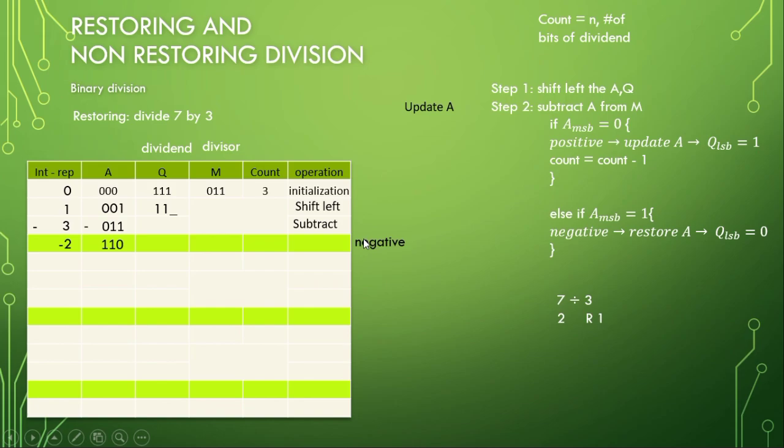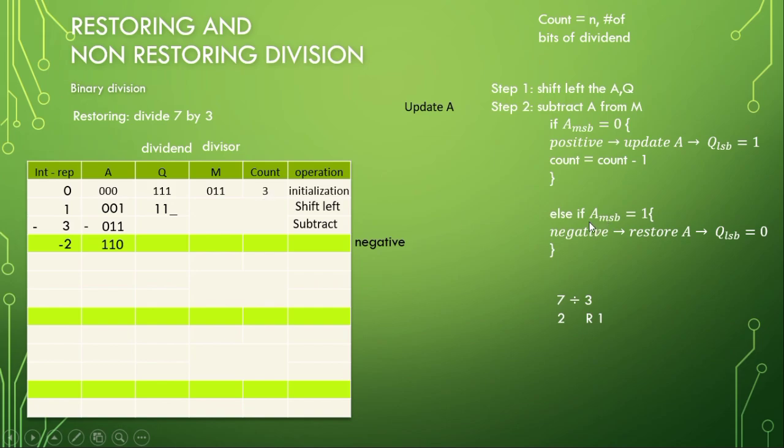Now, our most significant bit of A after subtracting: if it is equal to 0, meaning it's positive, update A, and the least significant bit of Q, meaning this guy, equals 1. And then we decrement the count value.